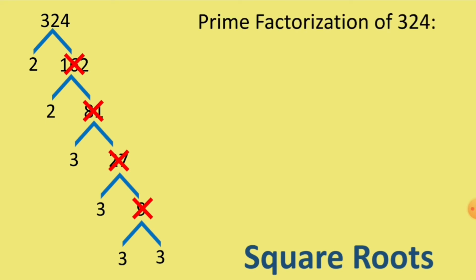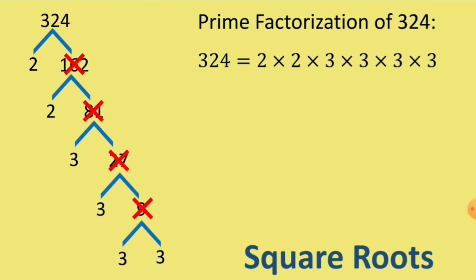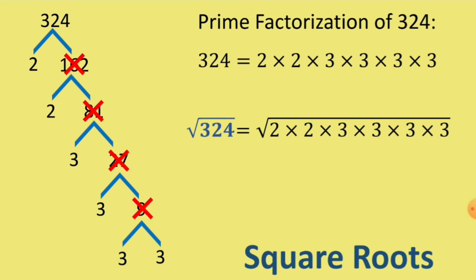So, from this prime factorization, we know that 324 is equal to 2 times 2 times 3 times 3 times 3 times 3. So, the square root of 324 is equal to the square root of 2 times 2 times 3 times 3 times 3 times 3. To find the square root, take a look at the multiplication under the square root.